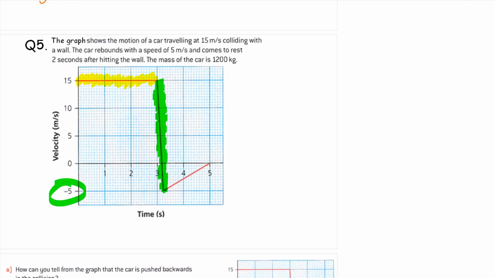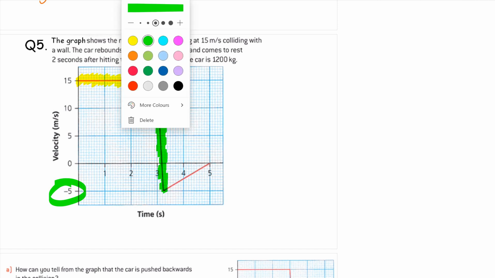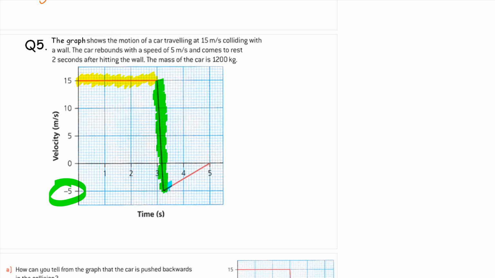So we have a negative velocity value here before it gently rolls to a complete stop some way away from the wall.